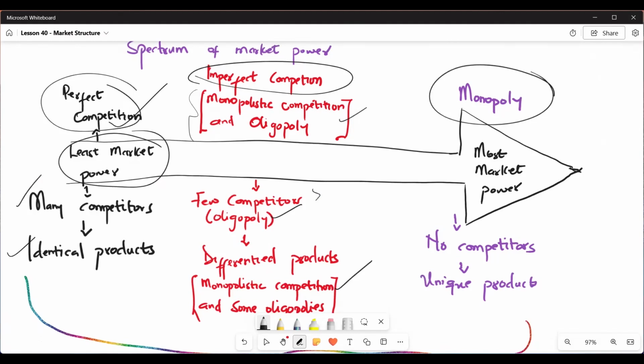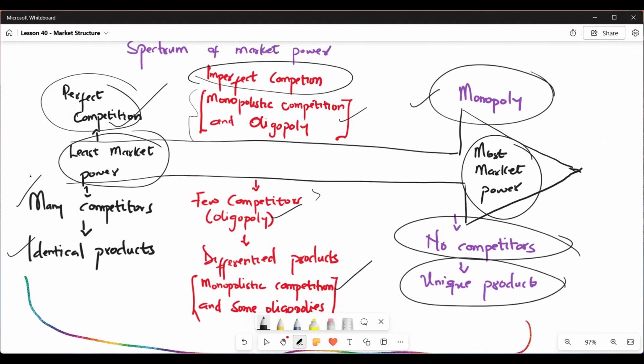Then the other extreme case is monopoly. So monopolies have the most market power because they do not have competitors. They are the only sellers in the market, and they also sell unique products. So because they don't have competitors, their product is unique. No other seller is selling that product in that market.